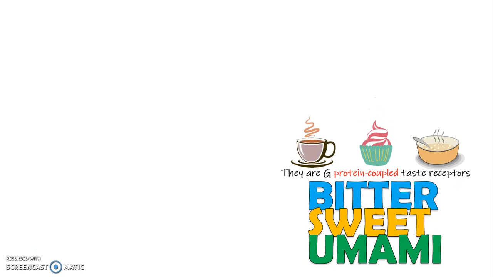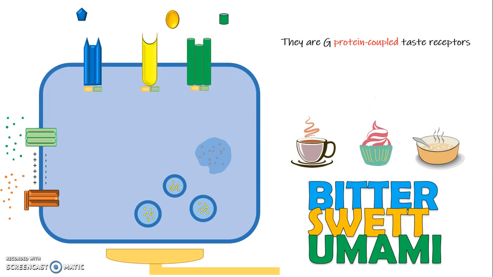Finally, we have bitter, sweet, and umami. These tastes are G protein coupled. We have in blue the bitter receptor, in yellow the sweet receptor, and in green the umami receptor.